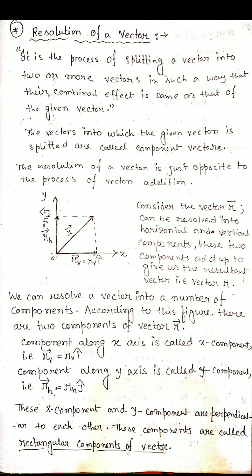But their combined effect, combined means addition, gives the ultimate value. If we consider 3 and 2, 3 plus 2 gives 5. So 5 can be resolved into 3 and 2, and if we combine them, we get the same value. Similarly, if any vector is given.